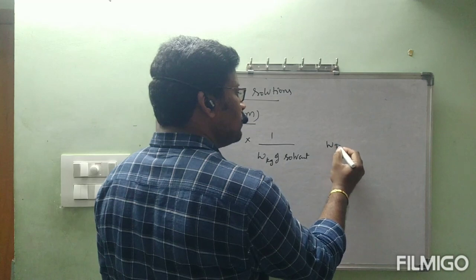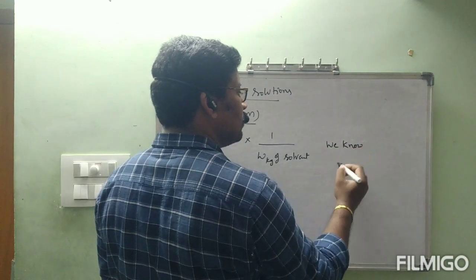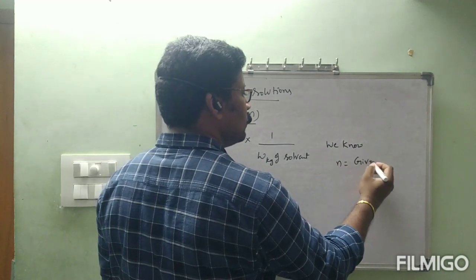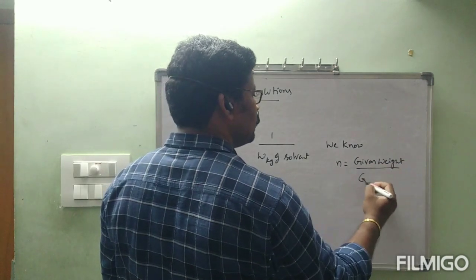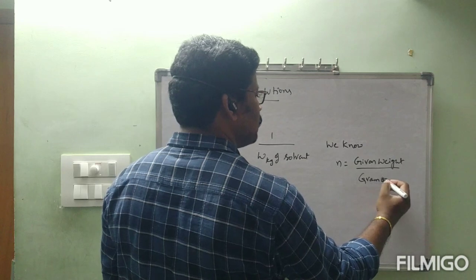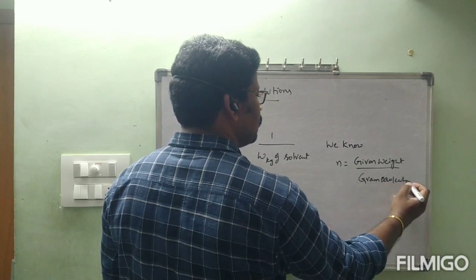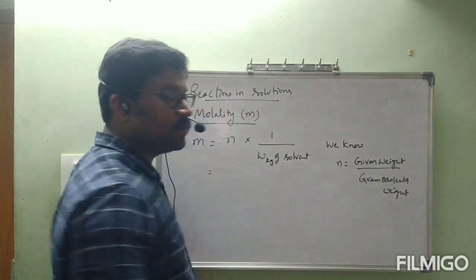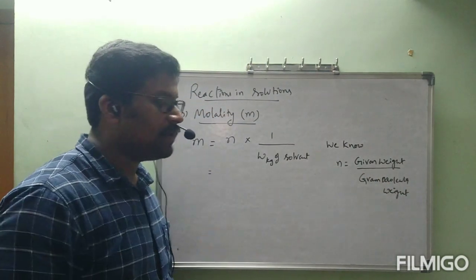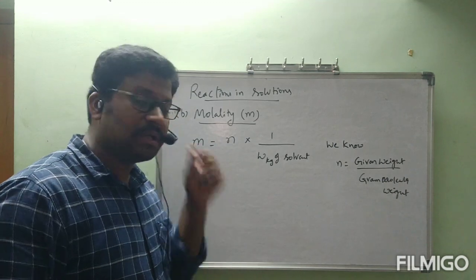Then we know n is equal to given weight by gram molecular weight of solute. Here also n means number of moles of solute only. Then that is the given weight of solute divided by the gram molecular weight of solute.